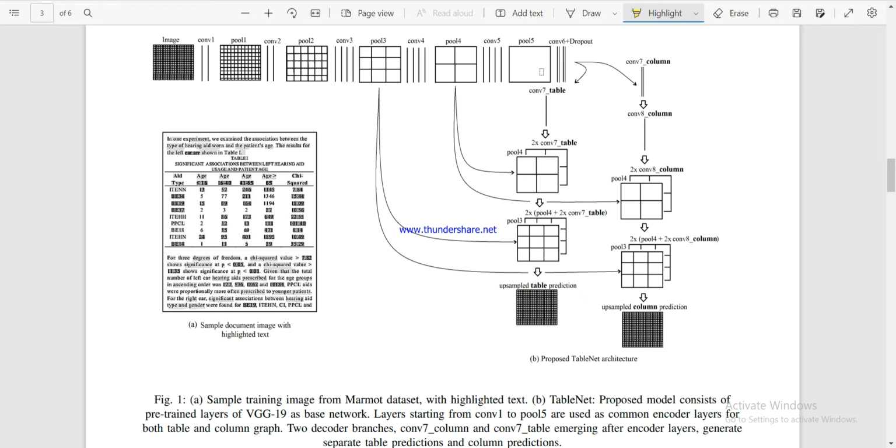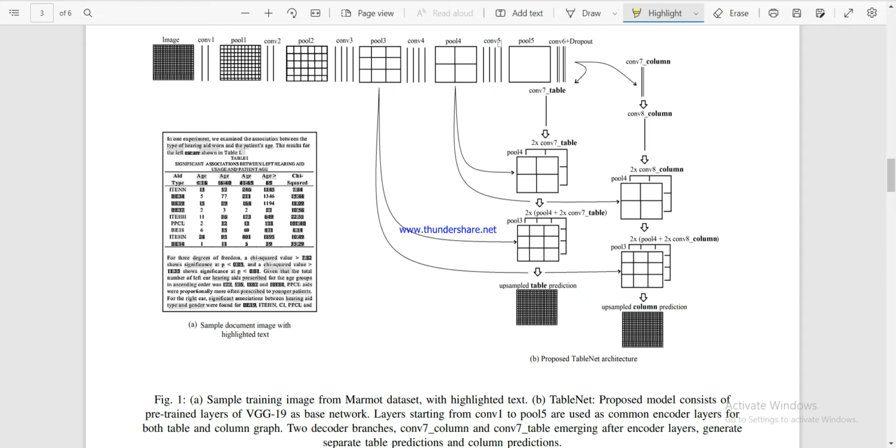Layers starting from convolution 1 to pool 5 are used as the common encoder layers for both the table and column branches, working as a general encoder does.